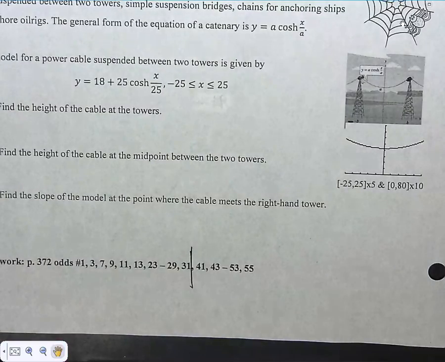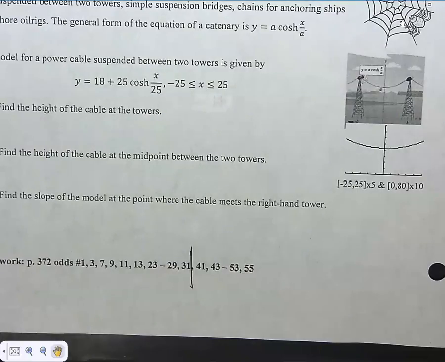I could trace, but let's play like I don't have a graphing calculator. Plug in negative 25 into x and 25. Negative 25 or 25. This is supposed to be the same height. So this should give me the same answer whether I put in a positive 25 or a negative 25. That's the height of the cable at the point where x equals 25. And this is the point where x equals 25.